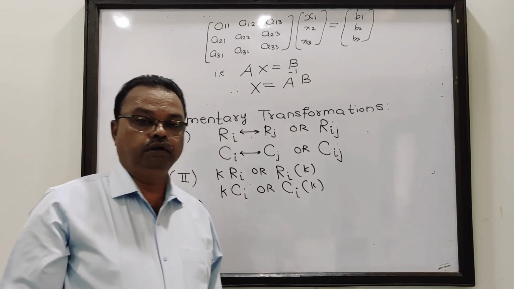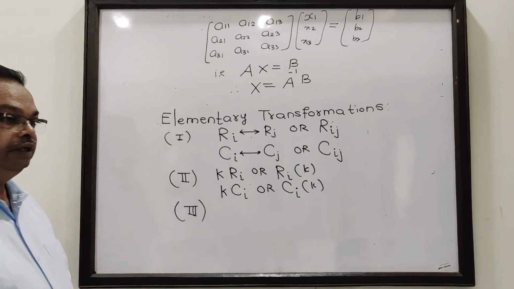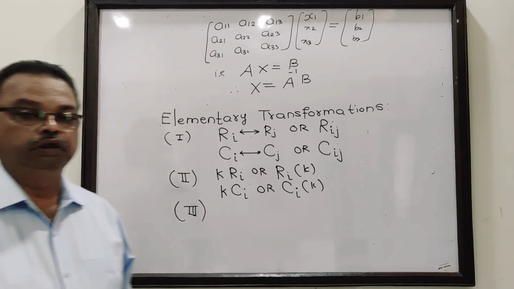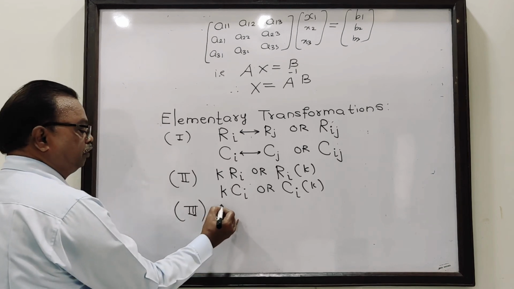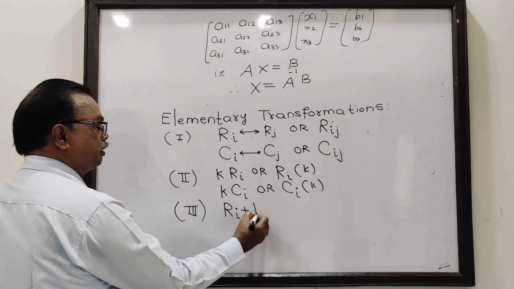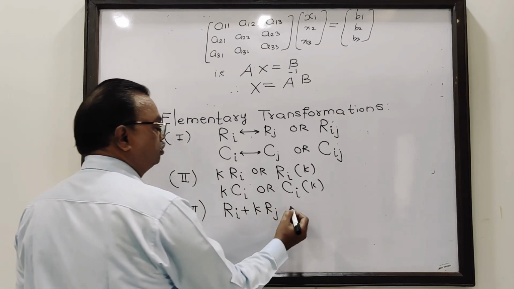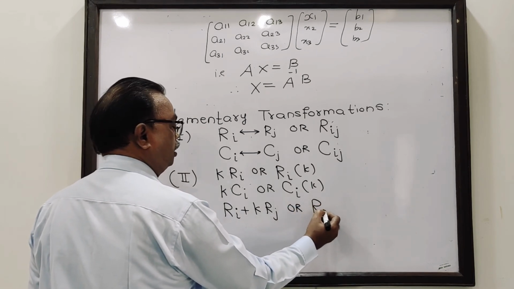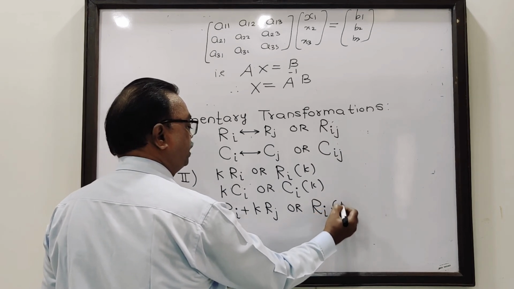Then the third elementary transformation is multiplication of every element of the jth row by a non-zero scalar k and adding them to the corresponding elements of the ith row. Symbolically, it is denoted by Ri plus k Rj, or R suffix ij into bracket k.